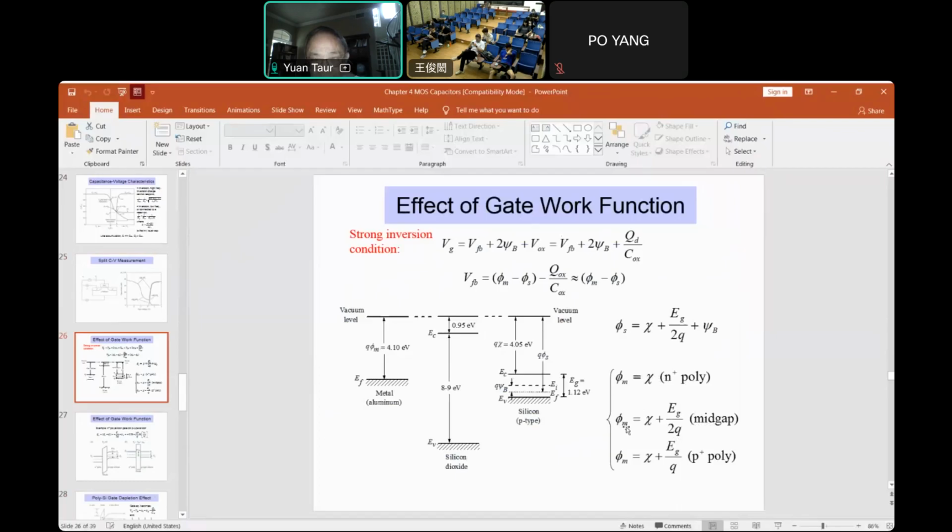In that case, the metal work function is electron affinity plus Eg over 2q. The last case is all the way to the valence band. It's a P+ silicon. P+ silicon is electron affinity plus a full band gap, Eg over q. Now, the difference is on the next chart.